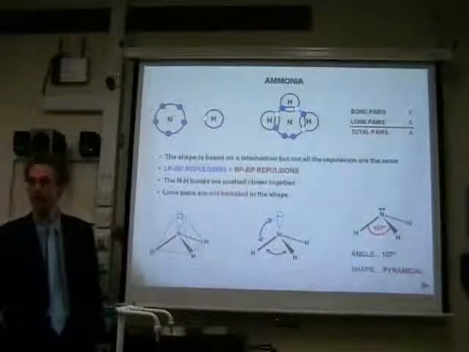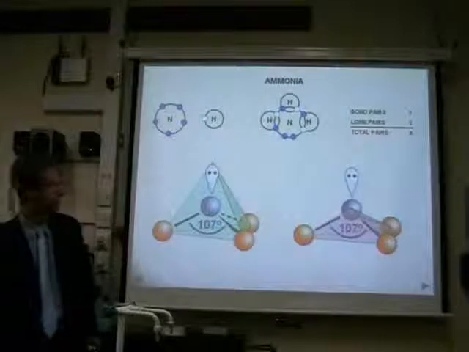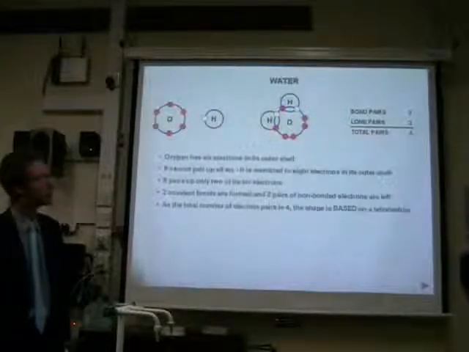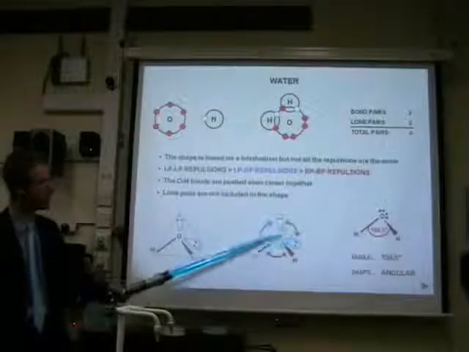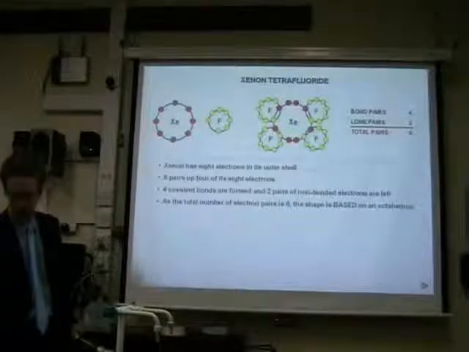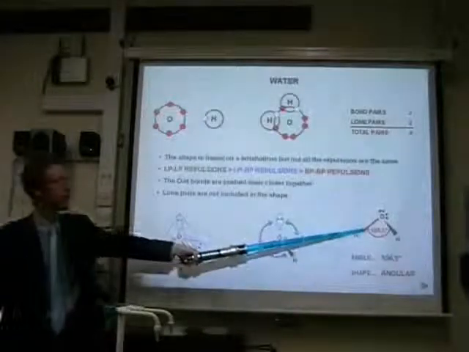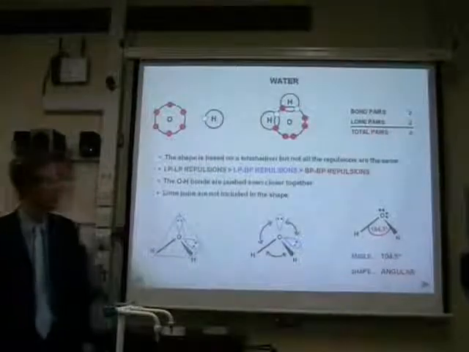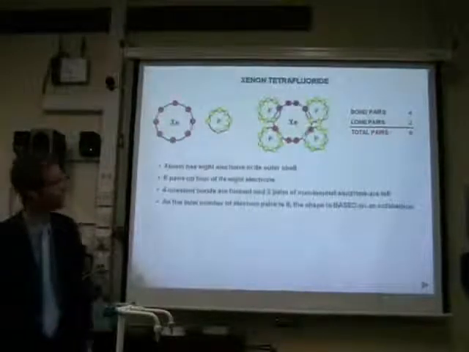Ammonia, 107 degrees pyramidal. Water has 2 lone pairs, and they repel each other more than the lone pair to the bond pair, and the bond pair to the bond pair, and what you get is 104.5 degrees. And this is bent or V-shaped or apparently angular.